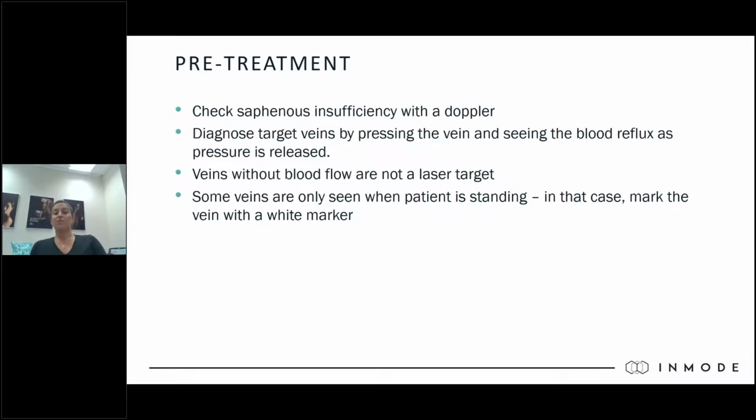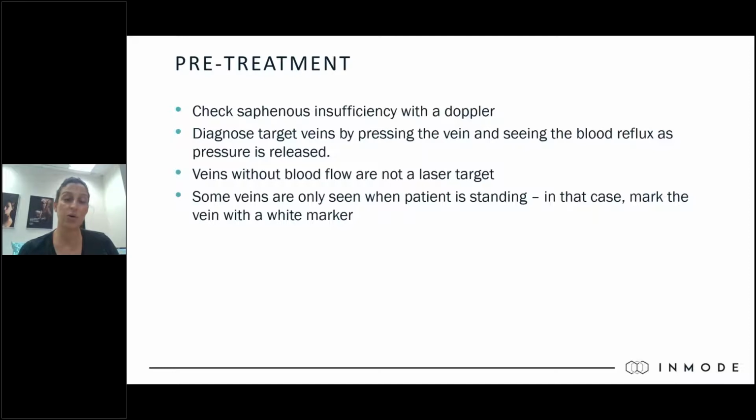Additionally, we talked about venous insufficiency. If you're a doctor, you may be able to check that yourself using a Doppler ultrasound system. If you're not, then make sure that your patient comes in with a confirmation from a doctor who can perform a Doppler checkup. We're diagnosing the target veins by pressing the veins and seeing the blood refill the capillary of the vein.